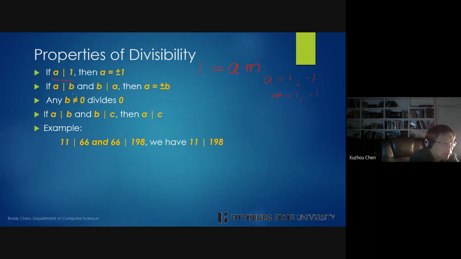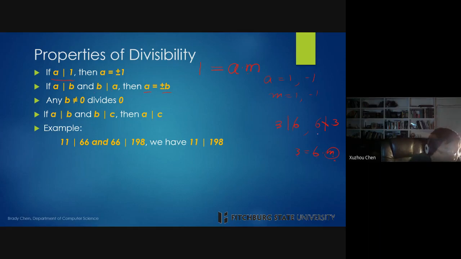If A divides B and B divides A, then A and B technically have the same value, except that you have a positive or minus sign. Like 3 divides 6, but 6 cannot divide 3, because there is no such integer that 6 times that integer equals 3, since 6 is bigger than 3.